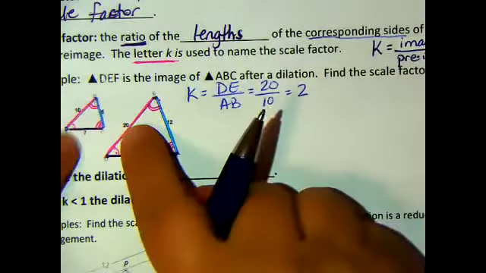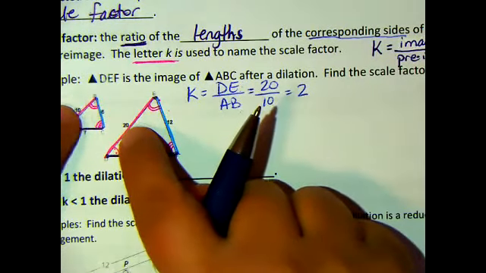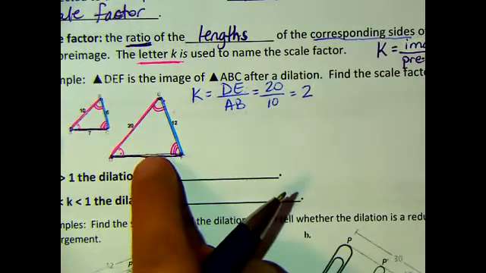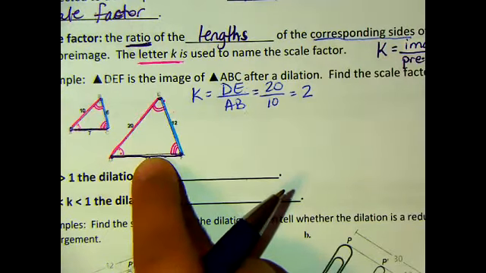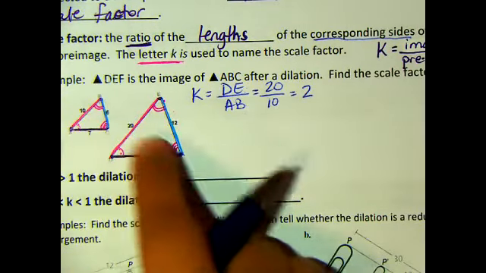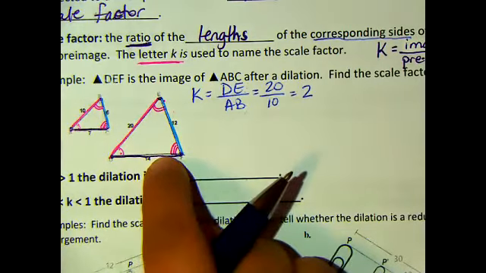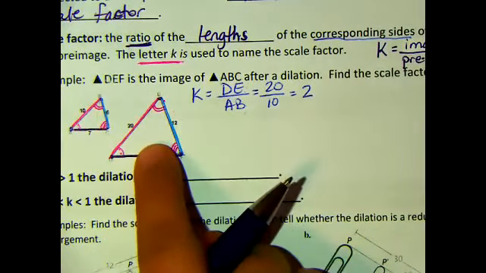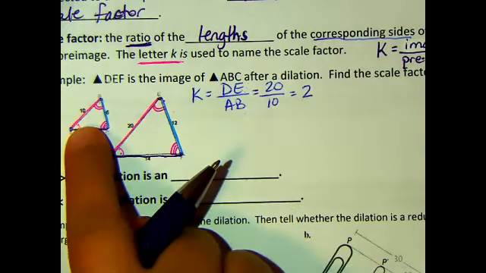Okay, so based on these sides, my scale factor is 2. That means triangle DEF was dilated with a scale factor of 2, meaning it was enlarged by a scale factor of 2. It could also be said that triangle DEF is double the size of triangle ABC, okay?